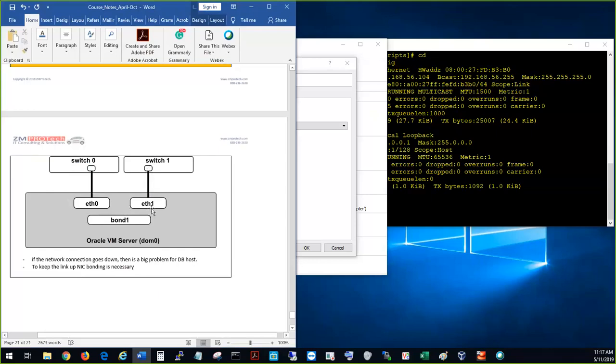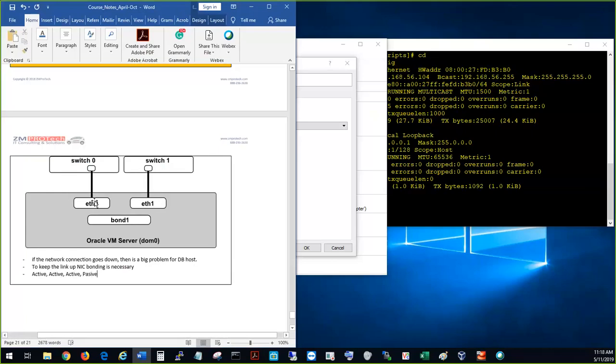So this is how it works: active, active, then active, passive. At one time everything will be active here, but one of the Ethernet adapters would be sleeping.